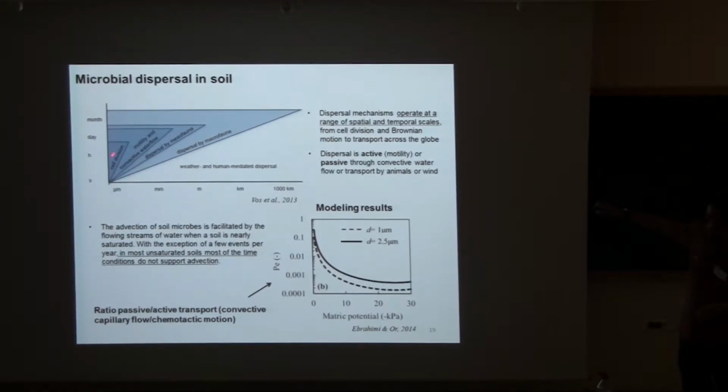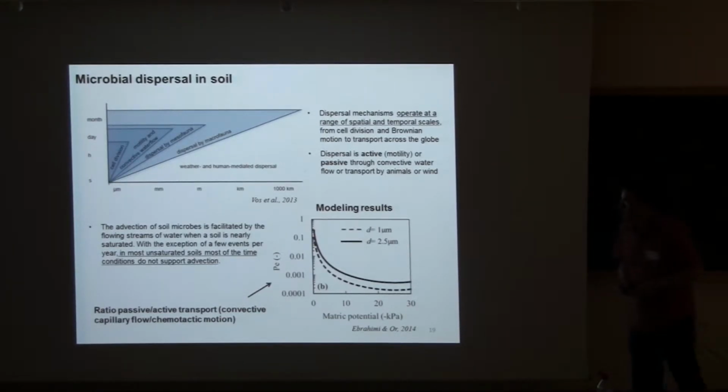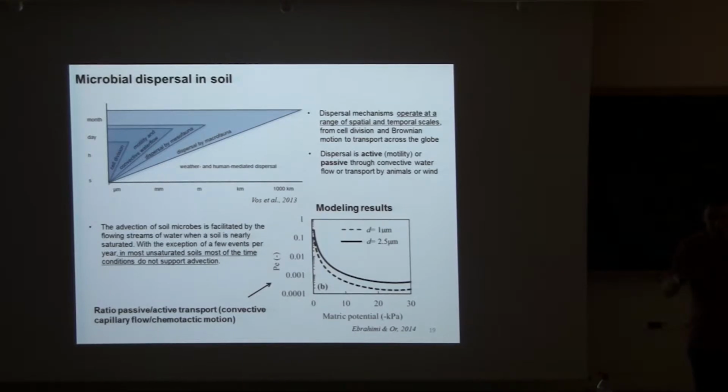So you have really small scale, small time scale processes, cell division, motility, up to global scale processes, maybe dispersion by wind, maybe transport even by humans if they move soil around.